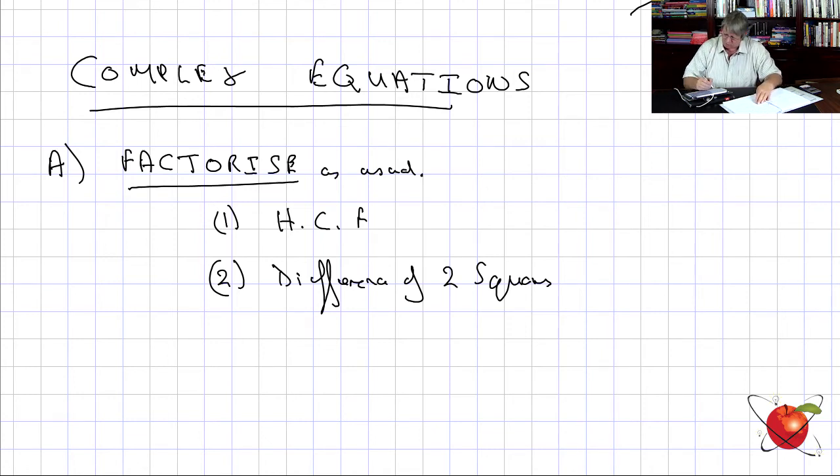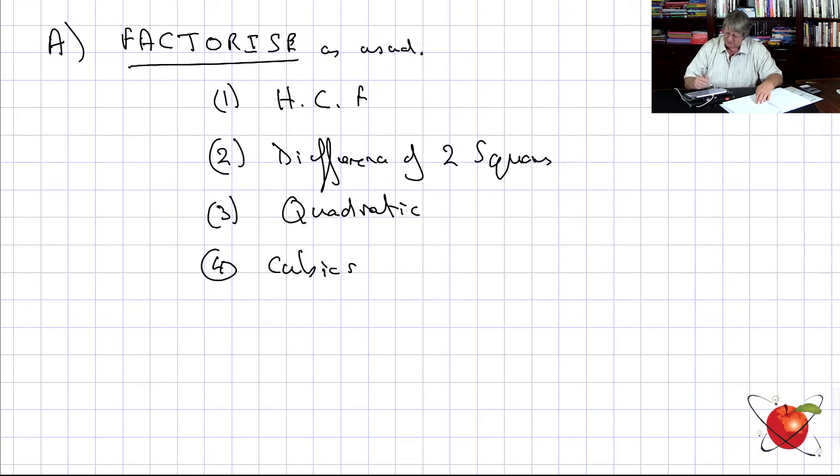Then we can say, all right, the next would be a quadratic. I previously had in mind cubics. And last but not least, number 5 is going to be grouping.